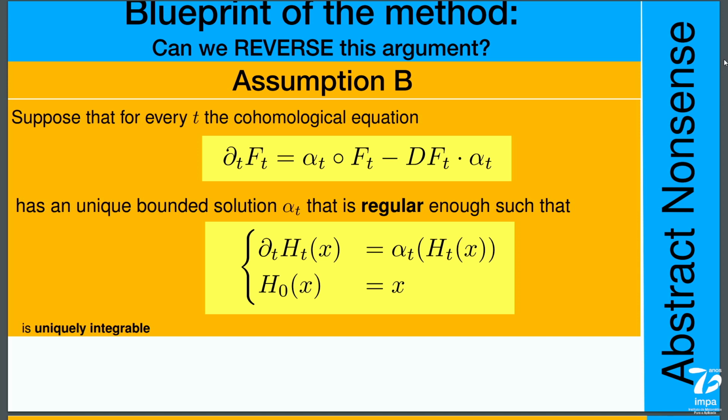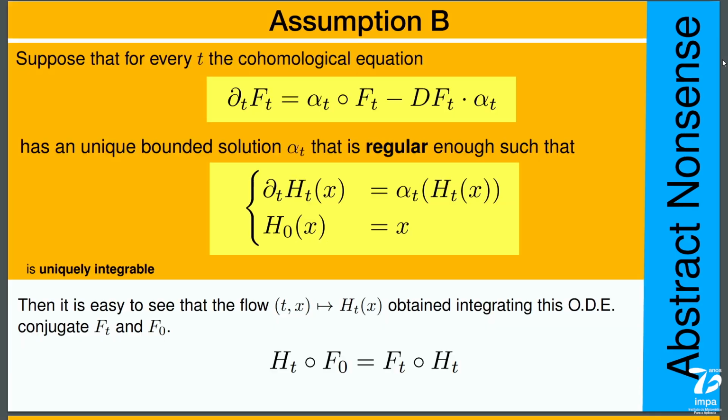It's the same topological class a priori, but suppose that you can find for every t a solution for this cohomological equation, and this solution is nice in such a way that this ordinary differential equation is uniquely integrable, okay? I'm going to give some examples of that. So in this situation, you can integrate this ordinary differential equation and find a flow, and this flow gives you the conjugacies. So you can reverse the argument, okay? You integrate, you get the family of conjugacies.